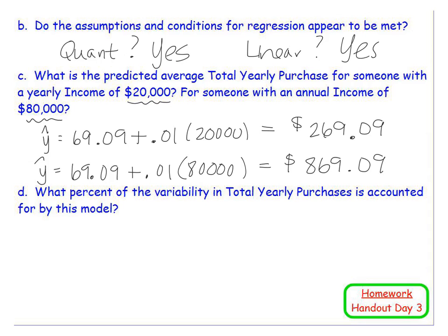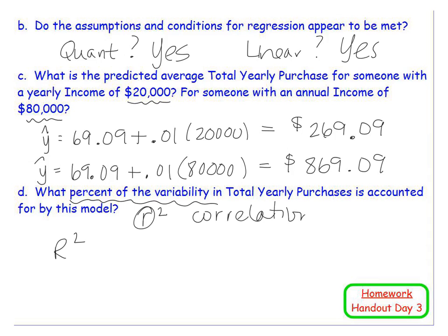What percent of variability in total yearly purchases is accounted for by this model? When they ask for percent of variability, they're wanting R squared. Well, the only way that we usually find R squared is by using the graphing calculator. But R squared can also be found by taking R and squaring it. And R is correlation.